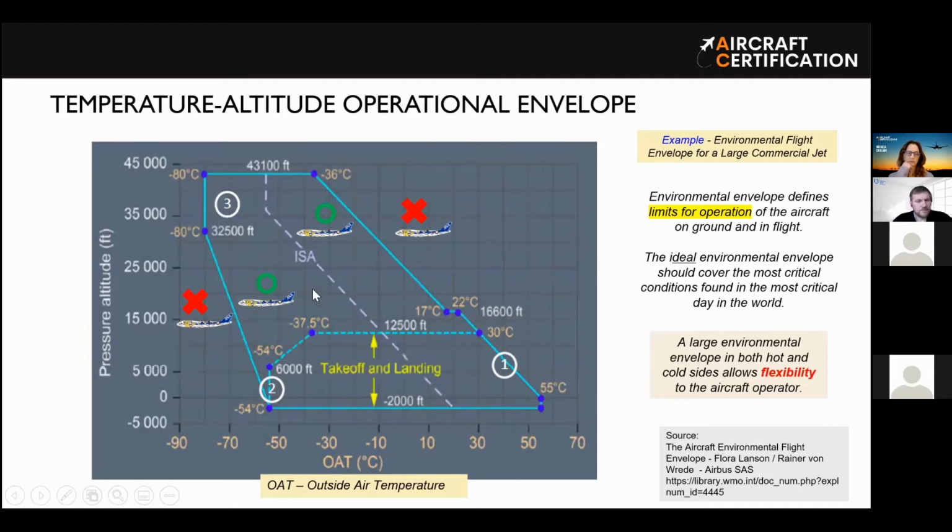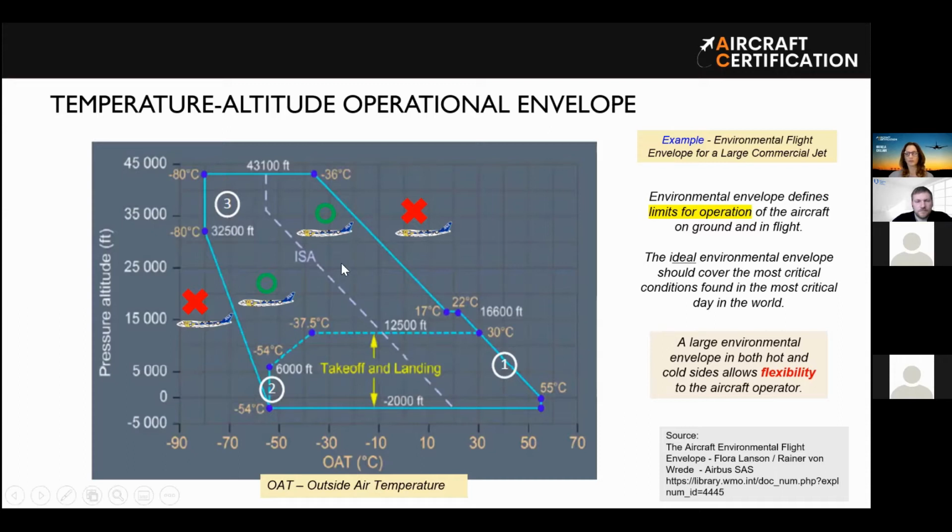They can operate the aircraft even if it's very cold or very hot. However, sometimes it's not possible to have a very large envelope because of the thermal requirements that we have for the passengers, for the equipment, for the structures, for everything in the aircraft. That's one of the challenges of the thermodynamic integration: trying to guarantee that the aircraft can operate in a reasonably large envelope.